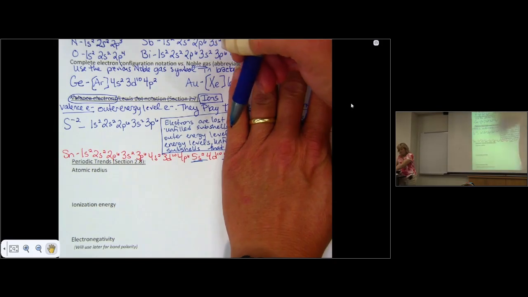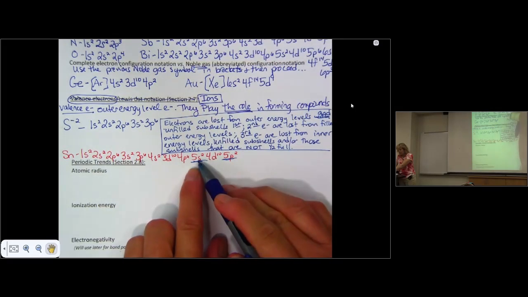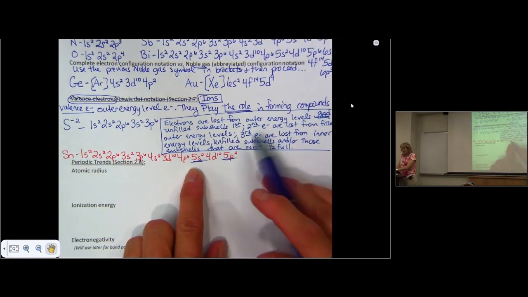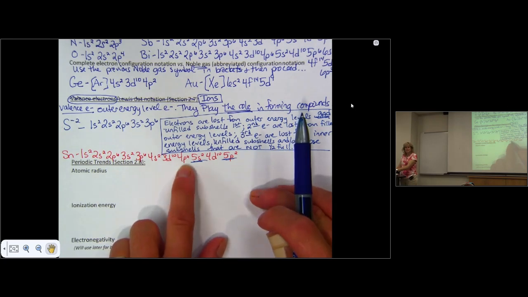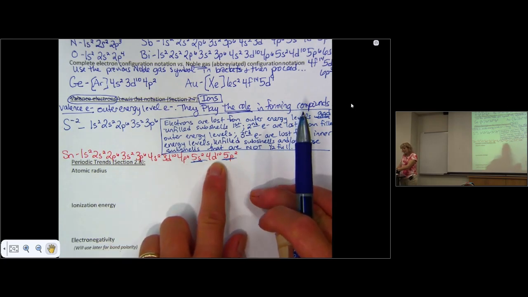So if you were to write only that, then what have you written? Sn +2. Follow me? If I said write the electron configuration notation for Sn +4, then you would write everything minus this one and minus this. So it would end in 3d10, 4p6, 4d10.